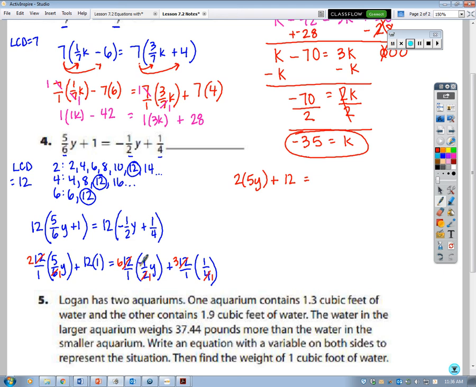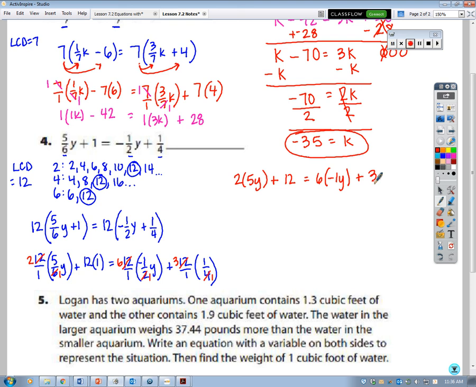Don't forget that negative sign there. So I've got 6 times negative 1y, or just negative y. You could write that also. Plus 3 over 1 times 1 over 1. So that would be just 3 times 1, which is 3.